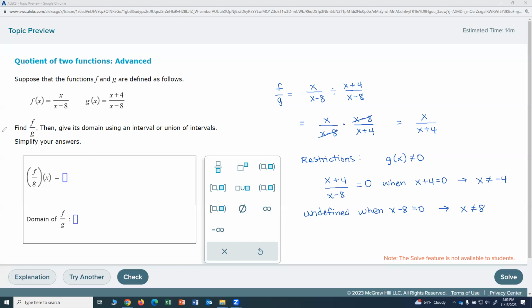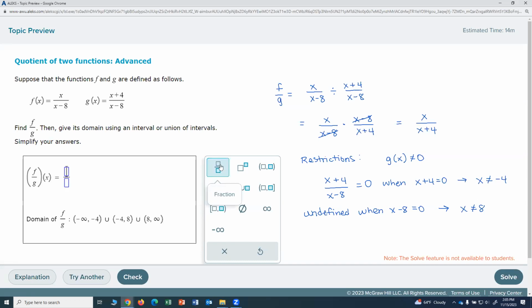So for our domain, we would have -infinity to -4, and -4 to 8, and 8 to infinity.